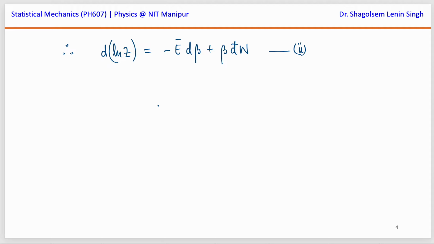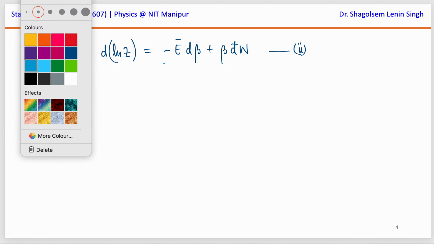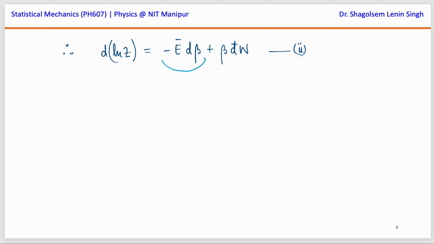Now let's move ahead and do another trick. It's not a difficult trick, but the fact is we have to recognize the following. Now let's do this. What do you get if you do d of E bar beta? This is nothing but E bar d beta plus beta d E bar, right?